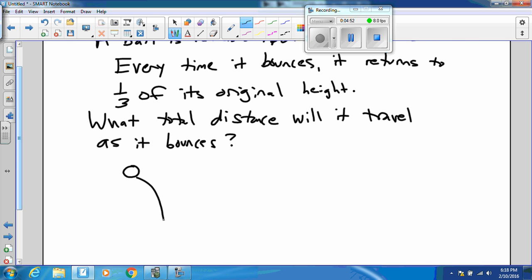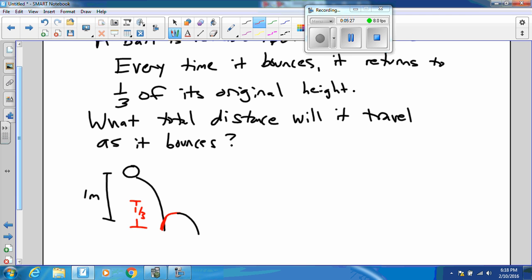So let's draw a picture so we can see what's going on here. My ball is here, and I drop it from a height of 1 meter, and so it bounces like so. And then once it hits, it bounces up to a height of 1/3 meter. There's 1/3. This is a distance of 1/3 from here down to the ground.